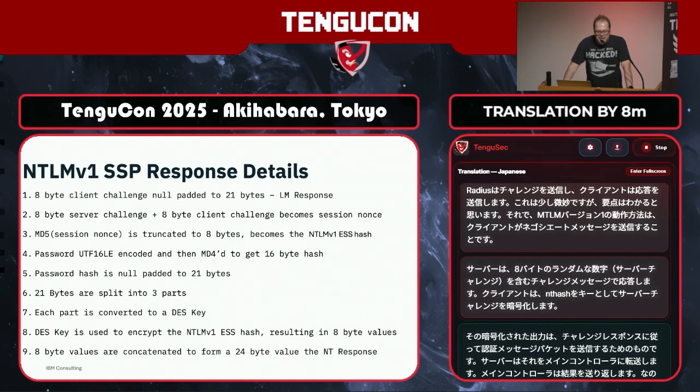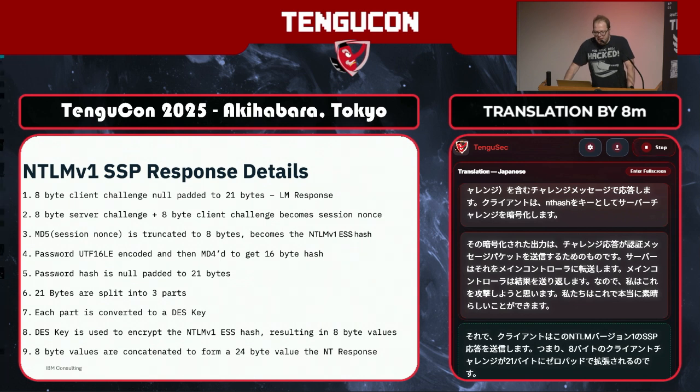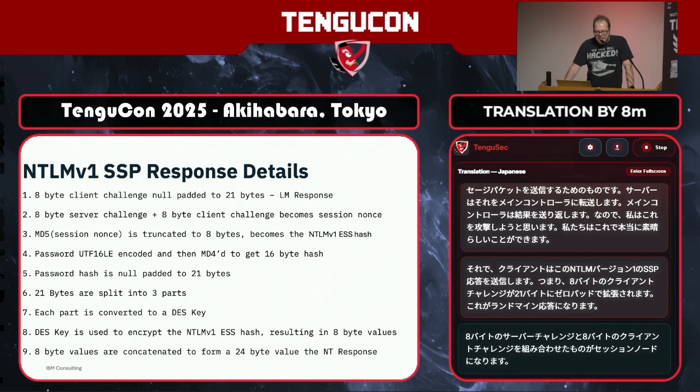So the client sends this NTLM version 1 SSP response. Basically, the 8-byte client challenge gets null padded out to 21 bytes. This becomes the LANMAN response. There's an 8-byte server challenge combined with the 8-byte client challenge that becomes the session nonce. You then MD5 the session nonce and truncate that to 8 bytes.